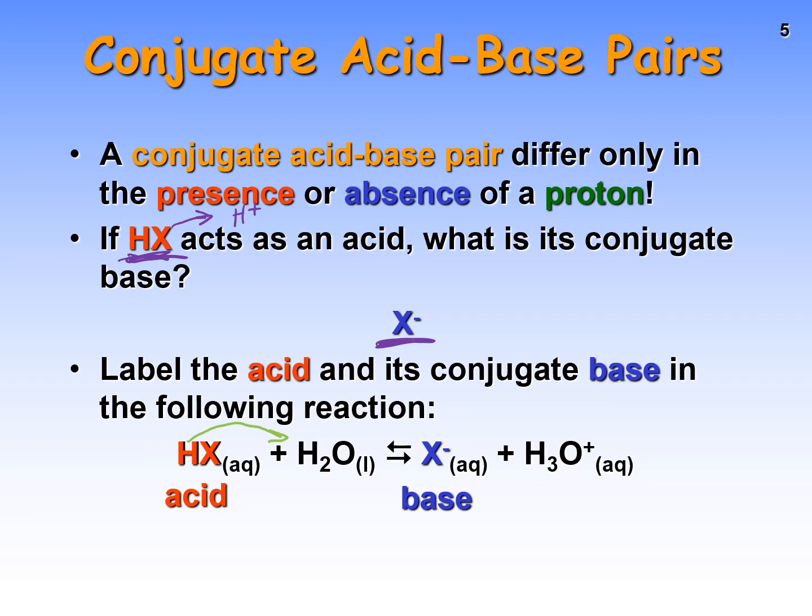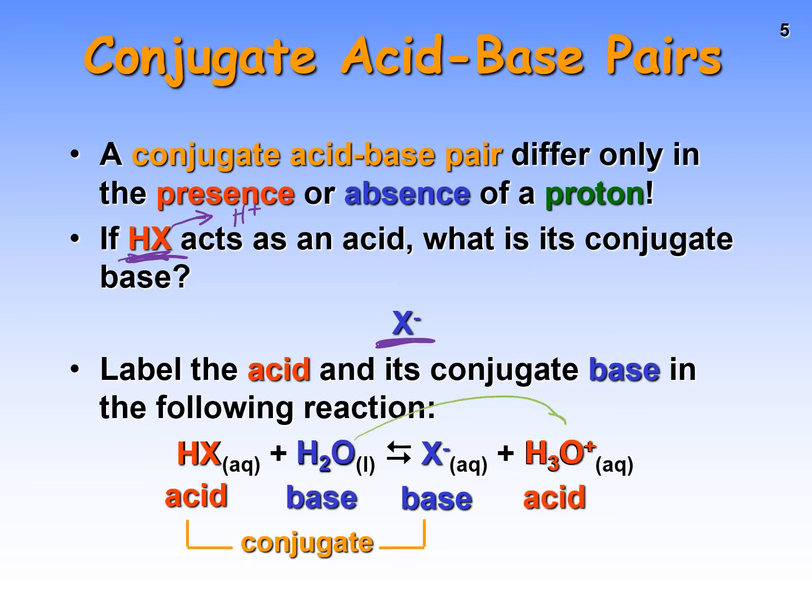If water accepted that hydrogen, which it did because it became H3O plus, then that makes water also a base in this case, and its conjugate acid is H3O plus. These two make our second conjugate pair. Now we need to be able to determine what the conjugate acid of a given thing is and what its conjugate base is, or vice versa.